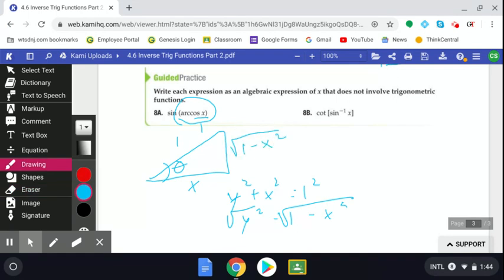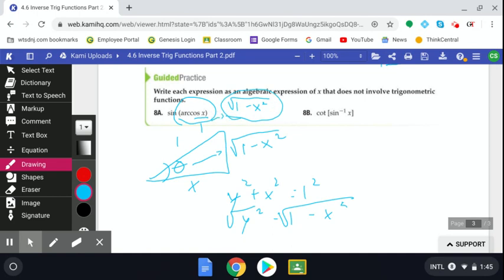And now it's pretty simple. I just have to write the expression for sine of that angle, which would be opposite over hypotenuse. So my answer should be square root of 1 minus x squared, and that would be over 1, but I don't need to write over 1. So that would be the answer.